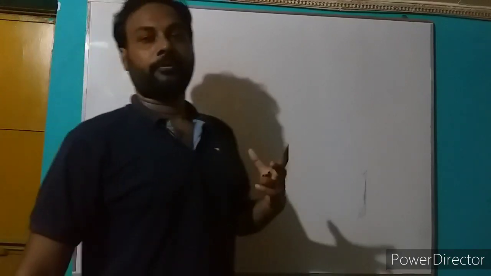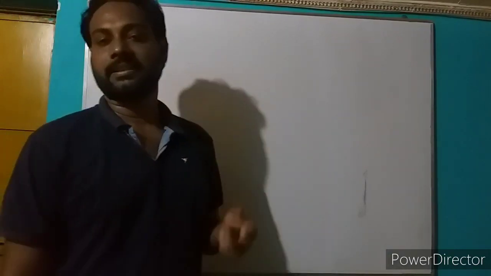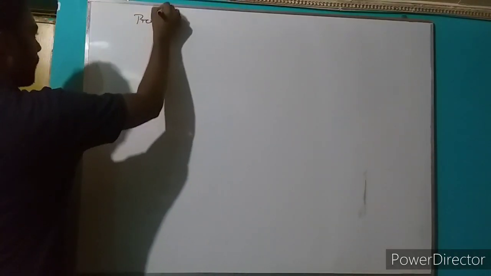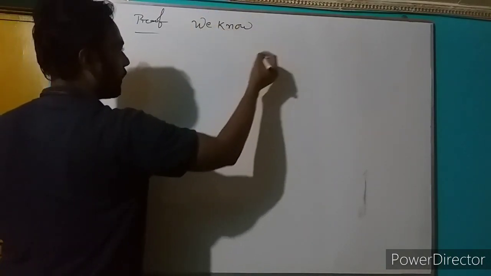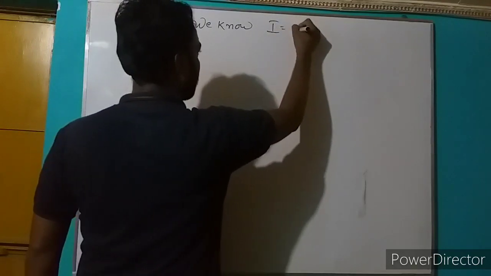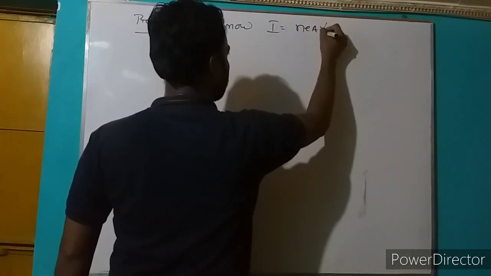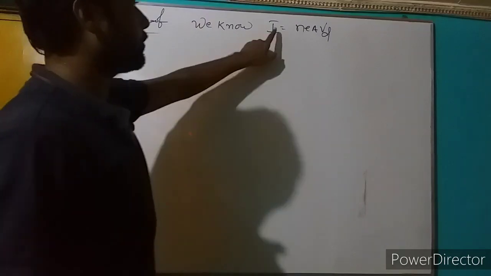Now I will derive electrical resistance. Let us see the proof. So we know I equal to N E A VD. You know that this is the relation between current and drift velocity. Clear?